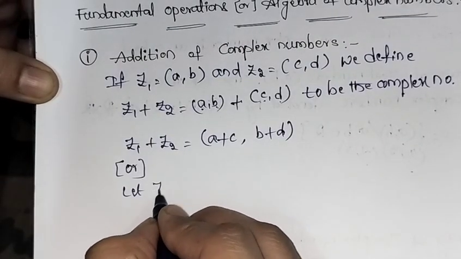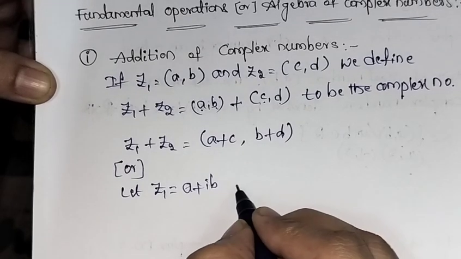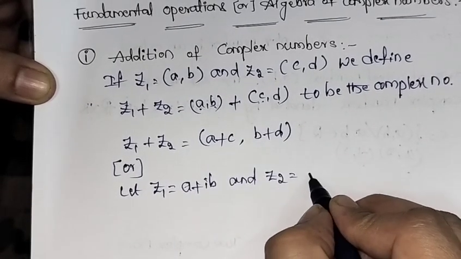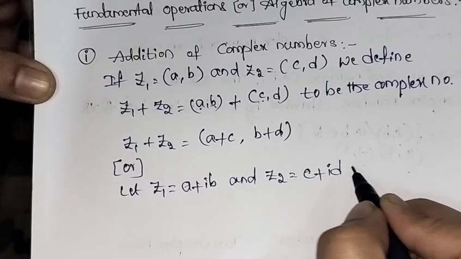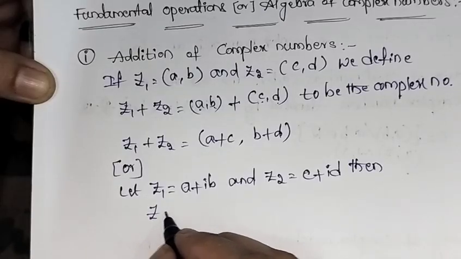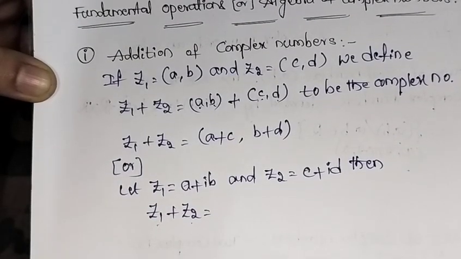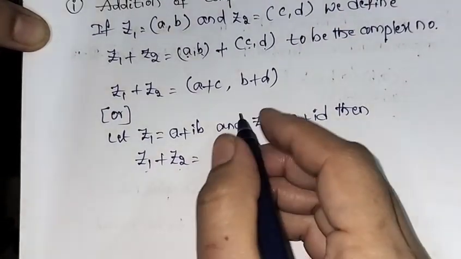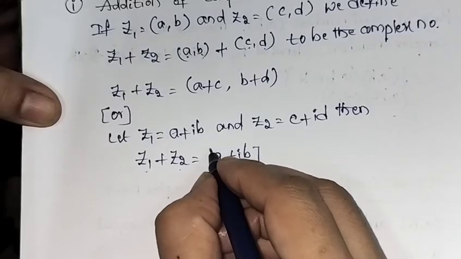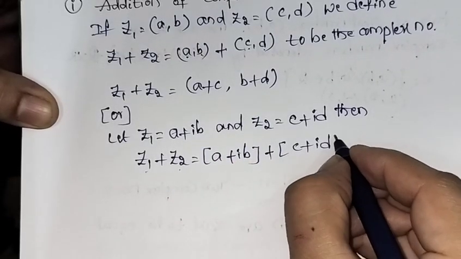Let z1 is equal to a plus ib and z2 is equal to c plus id. Then z1 plus z2 is equal to addition of two complex numbers. z1 is a plus ib, z2 is c plus id.